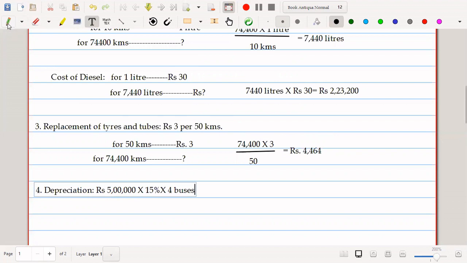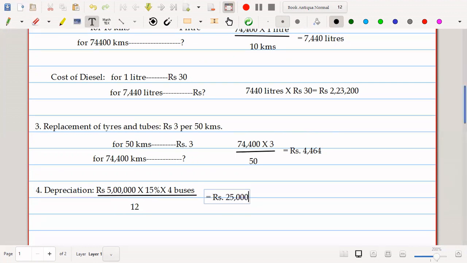It's per annum, but now we are preparing it for the month of January, so we have to divide by 12 to calculate it per month. So it comes to rupees 25,000.